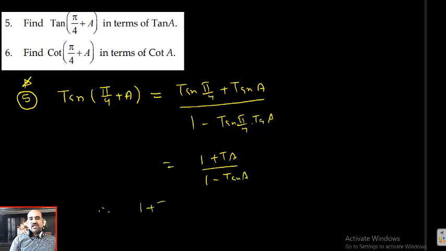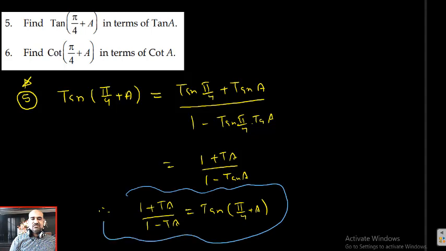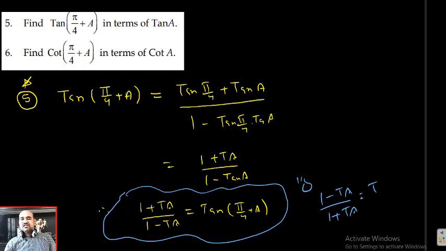Therefore, 1 plus tan A by 1 minus tan A is remembered as tan of pi by 4 plus A. One result. Similarly, 1 minus tan A by 1 plus tan A is remembered as tan of pi by 4 minus A. These are important results.